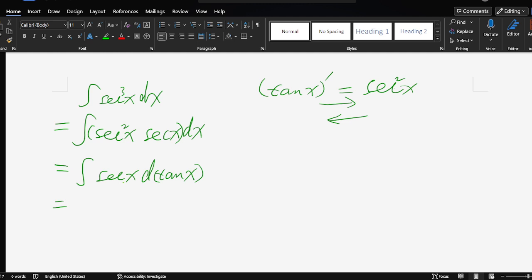So now we use integration by parts. Its original formula comes from here. u times v, we take a derivative, is u derivative times v plus v derivative times u. So we can write here u derivative v equals u v derivative minus v derivative u.